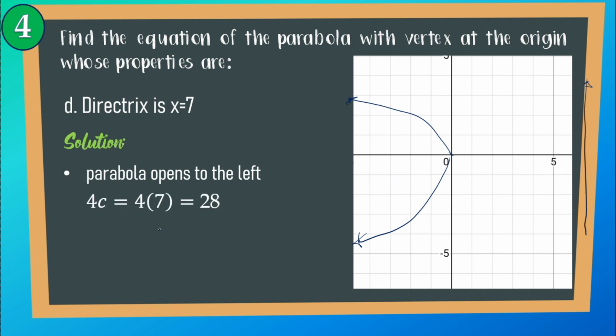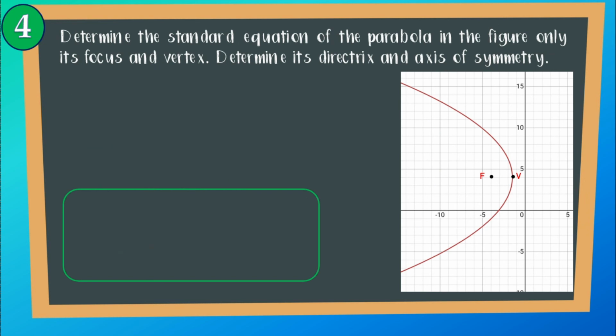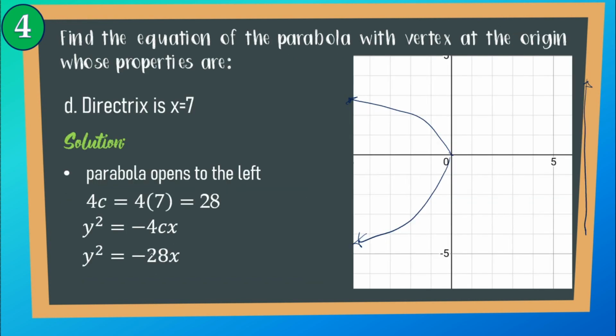Tapos 4c is equal to, since 7 yung directrix, x equals 7, mean to say from the vertex to the directrix, yung length niya is 7. Ganon din sa focus. So, multiply lang natin yung 4 times 7 equals 28. Tapos, gagamit tayo ng standard form. Ito, y squared equals negative 4cx. So, substitute lang natin. So, your final answer is y squared equals negative 28x. Okay? This is the final answer.